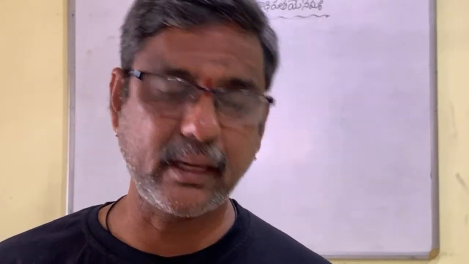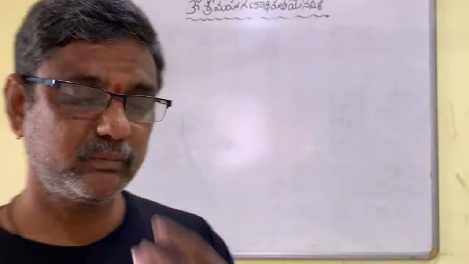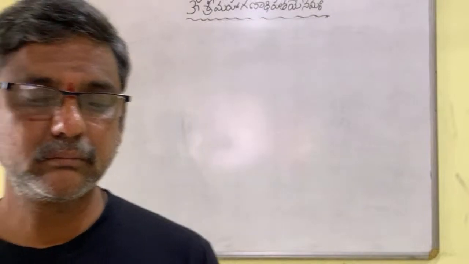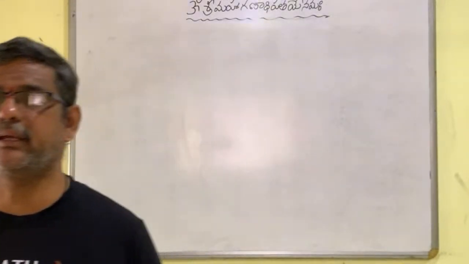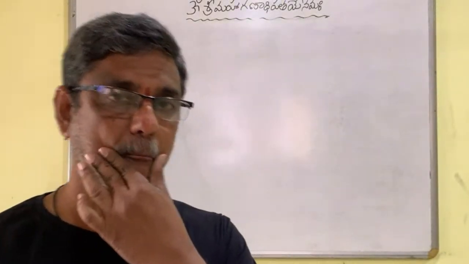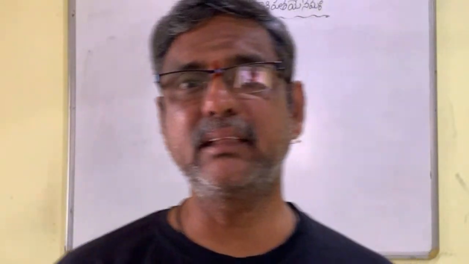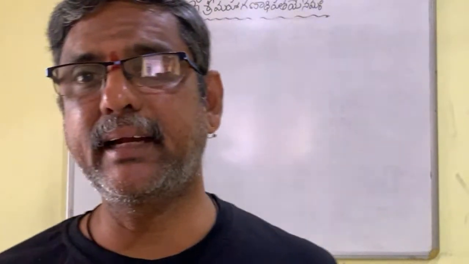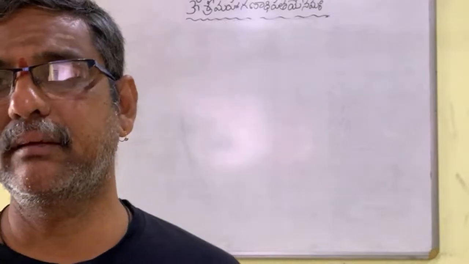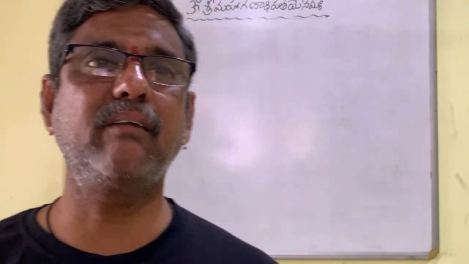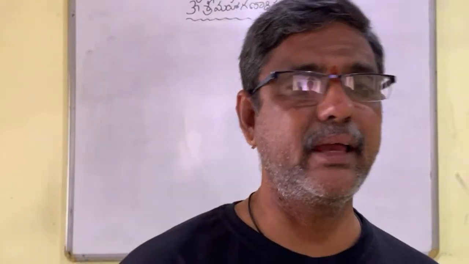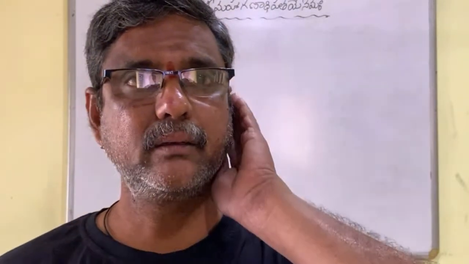The area of the minor segment of the circle made by the corresponding chord. That means he is asking for the area of the minor segment. First, length of the arc: theta by 360 into 2 pi r. After finding the length of the arc, you need to find the area of the minor segment.